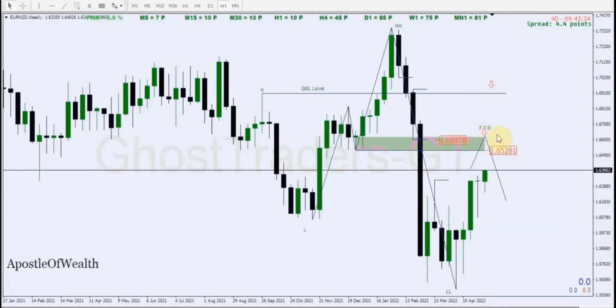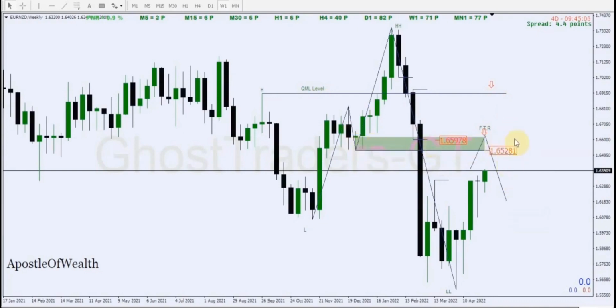Instead of just waiting for price to get to this level, and as you wait, all of a sudden you see price failing to get to that level and you really don't understand why price is failing to get to your level, because many are not familiar with the breaker structure. They only know the QML structure. So this is why it's very important to also know the breaker structure.